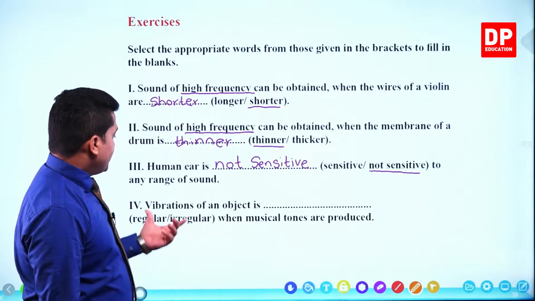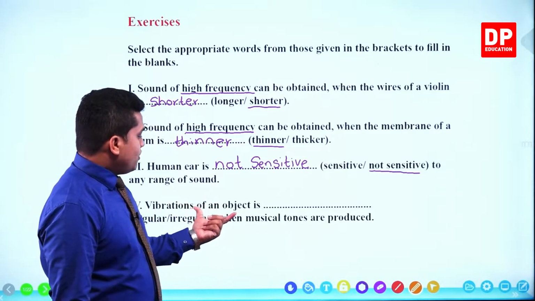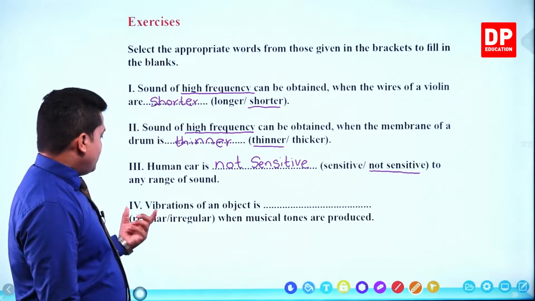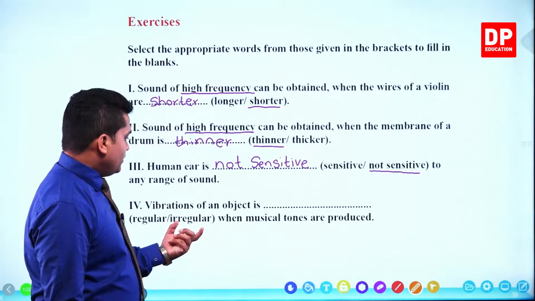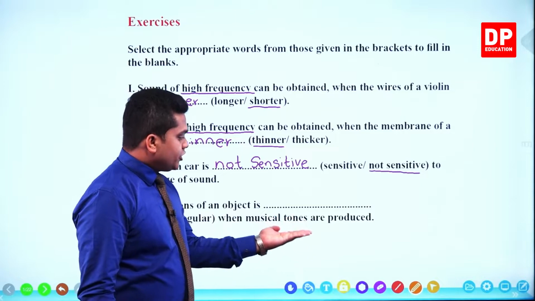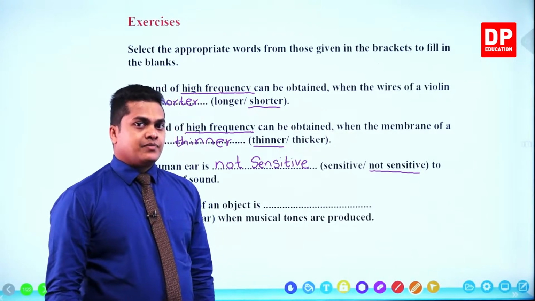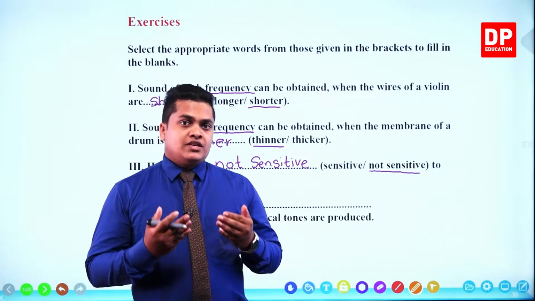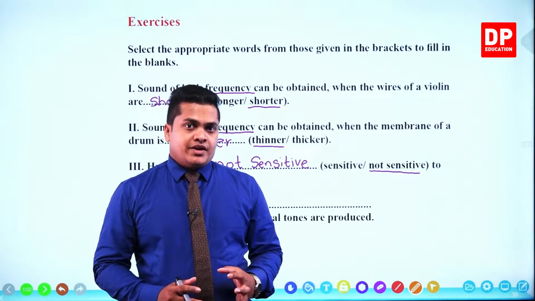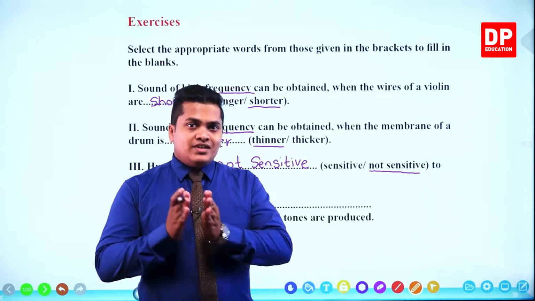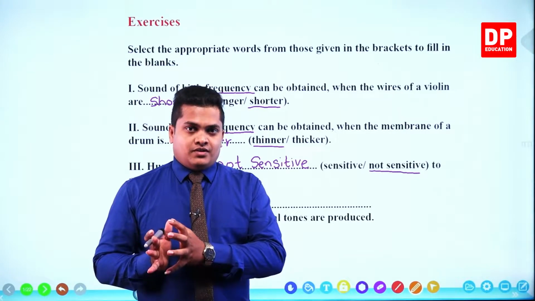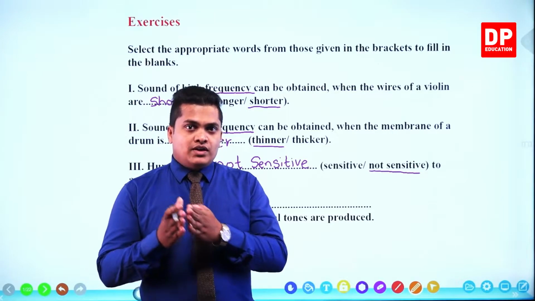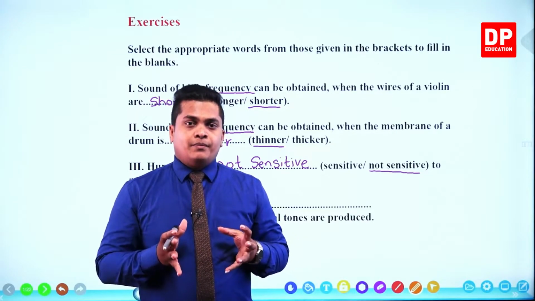Next one. Vibrations of an object are blank, regular or irregular, when musical tones are produced. I told you that music is produced by arranging vibrations at regular intervals into a wonderful pattern.